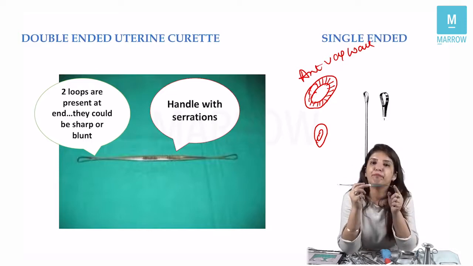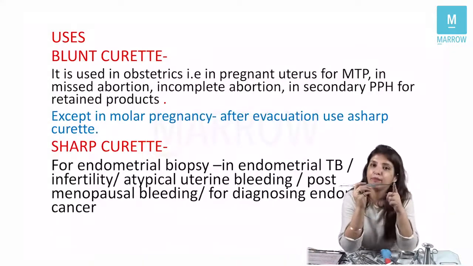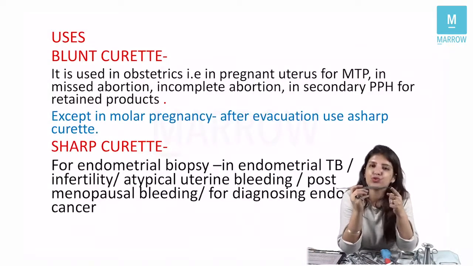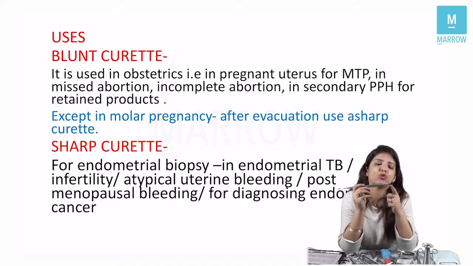Now, the blunt side is used to curette a pregnant uterus. So, in pregnancy, whenever the uterus is soft, I'm going to use a blunt curette. So, in case of missed abortion, in case of incomplete abortions, I am going to use a blunt curette.